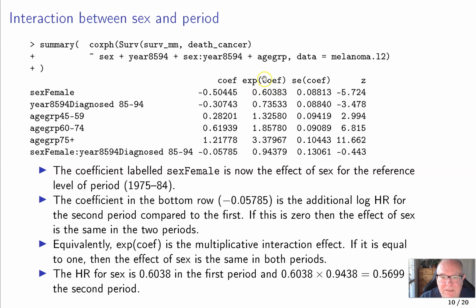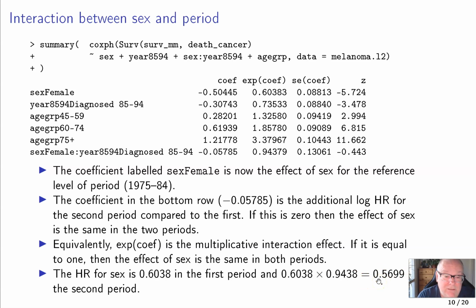So this is the hazard ratio for sex in the early period. If we want the hazard ratio for sex in the second period, we have to multiply 0.60 by 0.94. So we get 0.699. So, one estimated effect of sex for the first period, one estimated effect of sex for the second period.